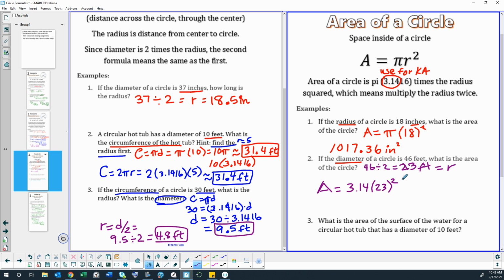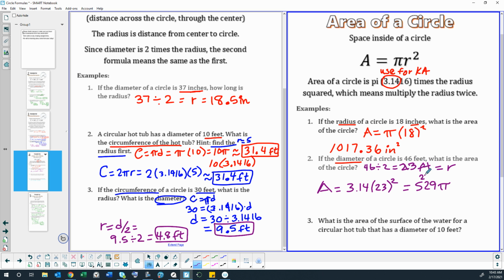Now, Khan Academy will also let you put your answer in terms of pi in some of the problems. It actually gives you instructions for that. So if you wanted to give this answer in terms of pi, if all I do is multiply the 23 times 23 first, that gives me 529, but that does not have the 3.14 multiplied in. That's with the pi still not multiplied in, so we could just write that on the side. So that's one way to give some of the answers in Khan Academy.